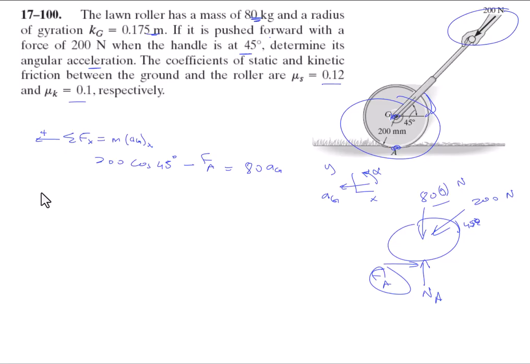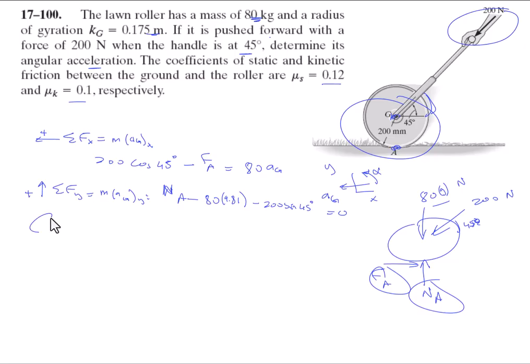This is one equation. I have another equation, summation of forces in the Y direction, A G in the Y direction, and this will give me normal at A minus 80 times 9.81 minus the component of this force, so this is 200 sine 45 degrees, and all of these are equal to 0.